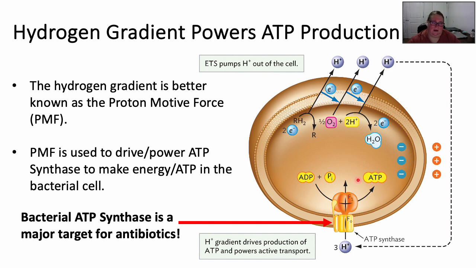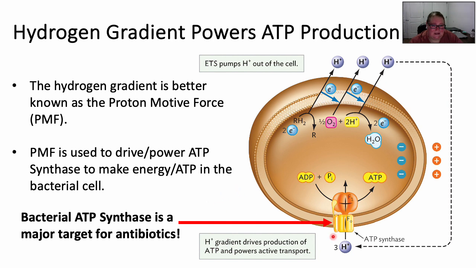Where our mitochondria are very efficient at this, bacterial cells aren't. Since we're pumping H plus outside of the cell and have created a concentration gradient, the H plus ions aren't just going to come back in through ATP synthase. They can come back in through any old channel protein. They can get lost, so it's not as efficient as using mitochondria. It still is enough to produce energy, but not as much.